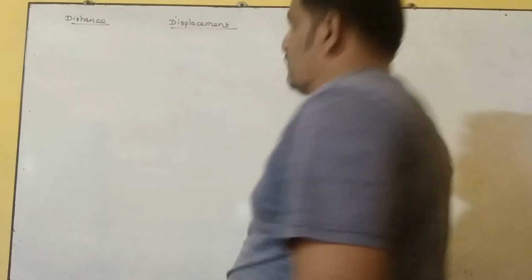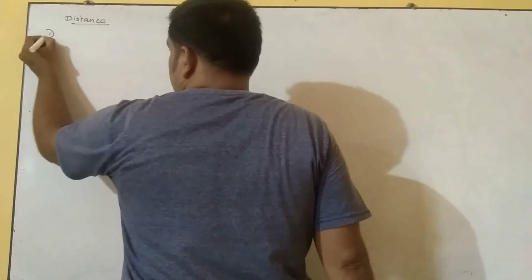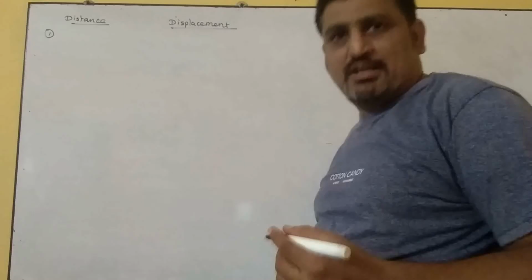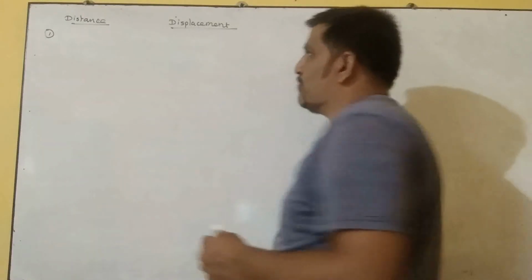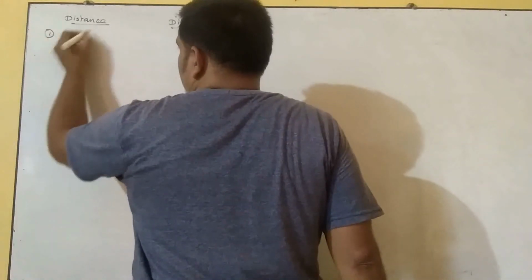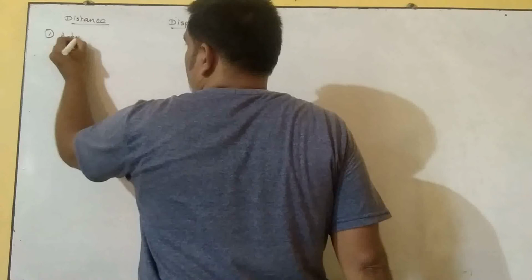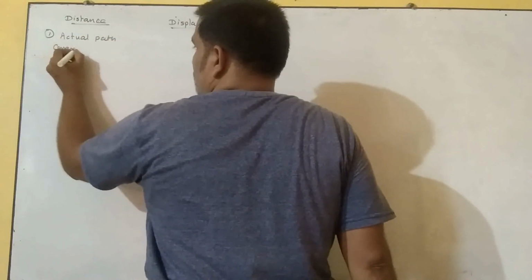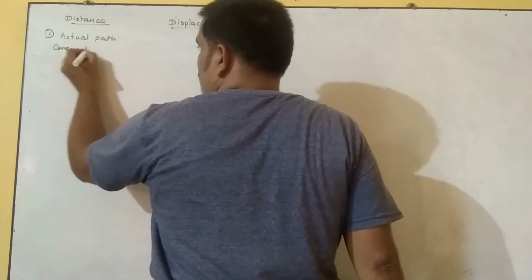Let's see the first difference. Distance, as I told you the definition, the same definition you can write over here, no problem. So it is the actual path covered by the body.